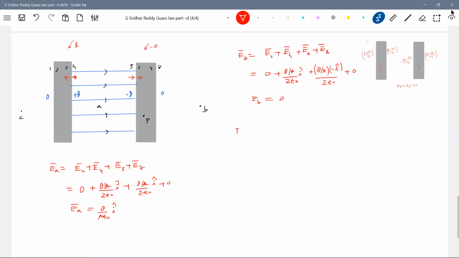Similarly, at C, we'll see. At C, 1, 3, 5, and 7 will contribute. Let's get into the calculation part. Now, this will be 0 due to E3, and then due to E5.